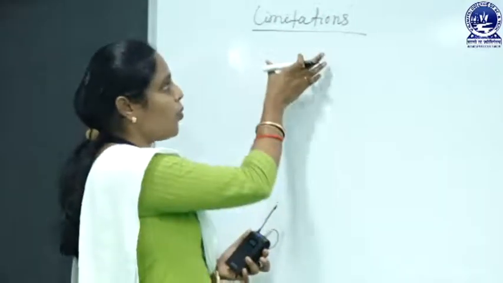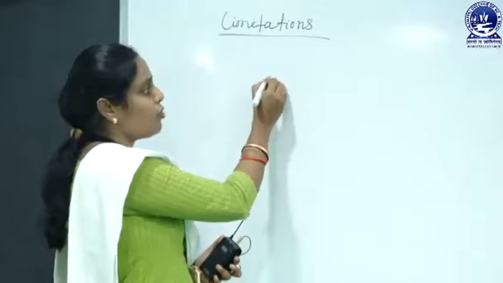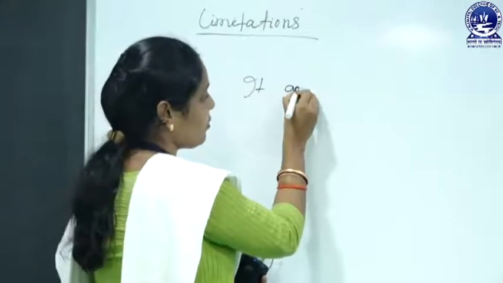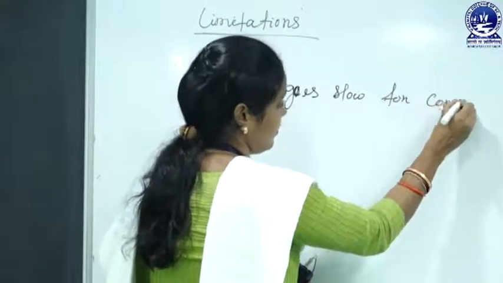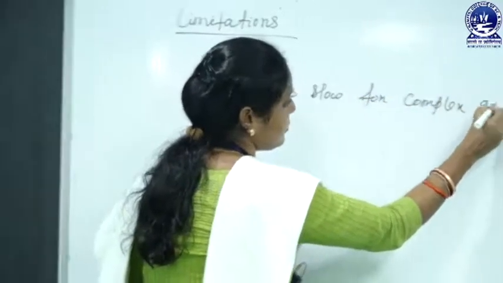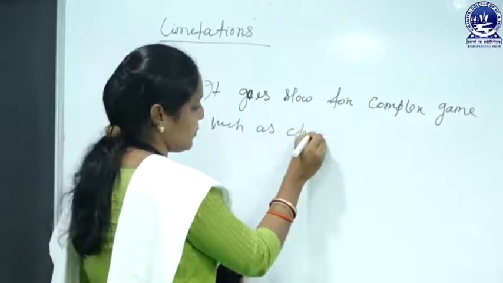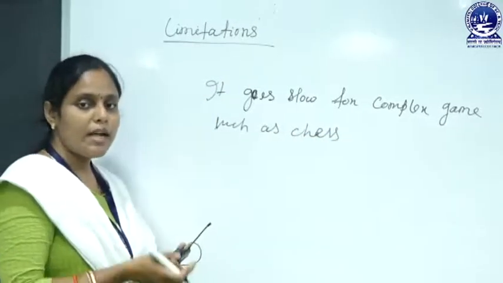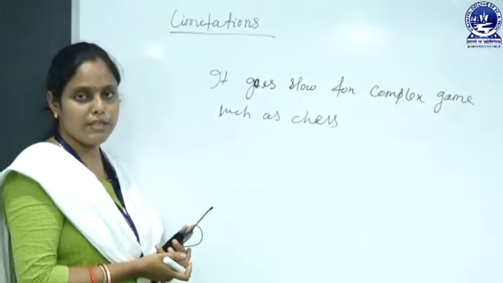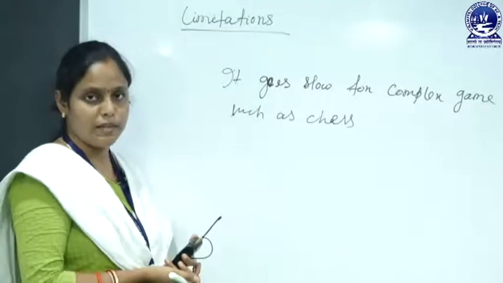Next, limitations of min max algorithm. The most important limitation of min max algorithm is that it goes slow for complex games such as chess, because in a chess game there are a huge number of branching factors and the player has lots of choices to decide.